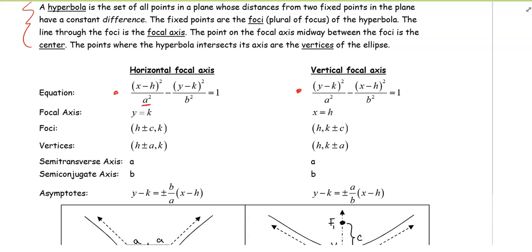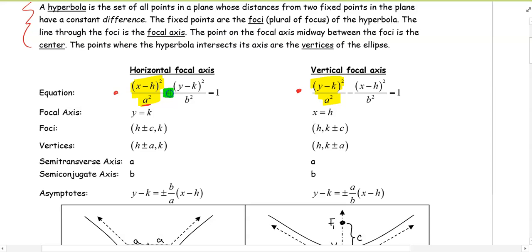So what makes that decision? My positive term is the winner. If x is in the positive term, then the hyperbola opens horizontally, left and right. If y is the positive term, then the hyperbola opens up and down.